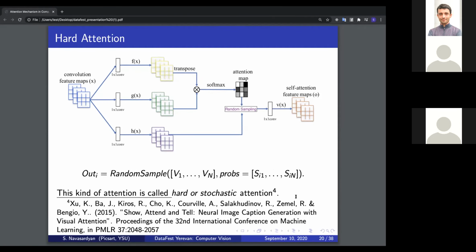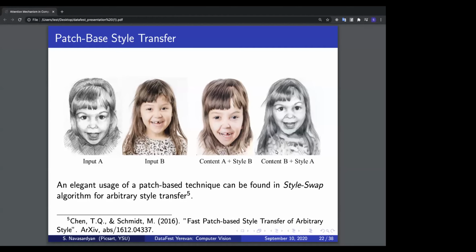This kind of attention is called hard attention. In the style transfer problem, there is a paper which introduces the style swap algorithm, which is in a sense a patch-based method to swap the patches from the content image with the patches of the style image.